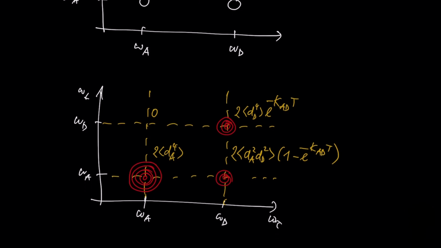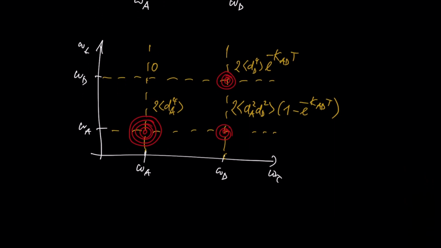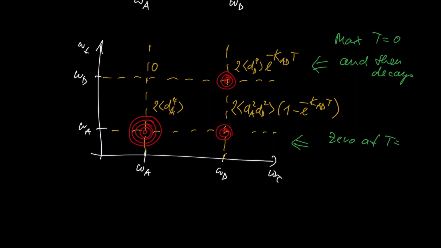So we can see that there are interesting behaviors. This diagonal peak is maximal at T equals 0 and then decays, and this is 0 at T equals 0 and grows with the exponential that we can identify as the energy transfer time.